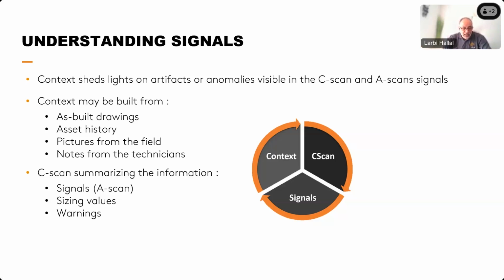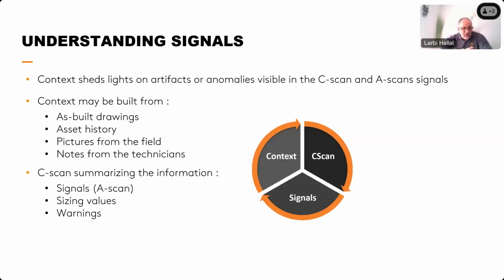What can help you is as-built drawings, asset histories, and pictures from the field, for example, to see if you have a metallic structure around your component. Any notes from the technician, knowing, for example, if some other inspection was done on your part with a magnetic technique like MFL or MPI, might be important to know because that may shed light on some of the false calls that you can get on your C-scan.